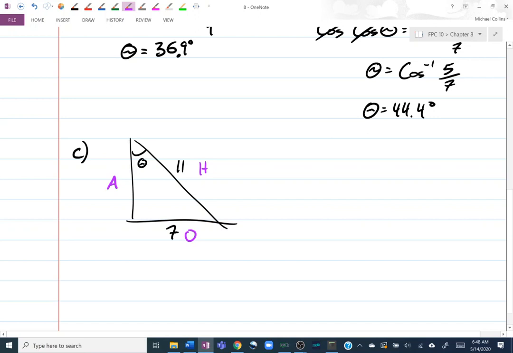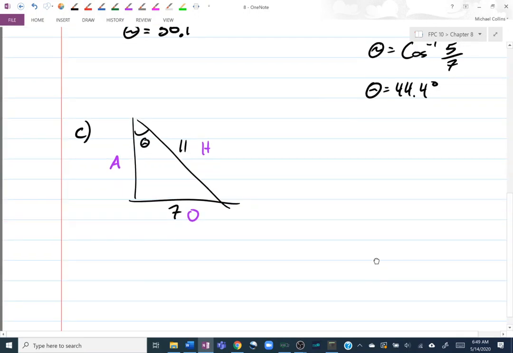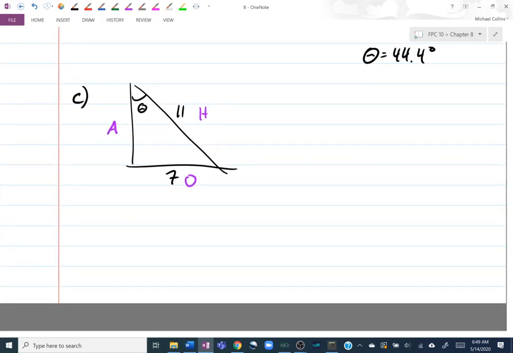If you have those written down on a piece of paper, you need to choose the ratio that has opposite and hypotenuse in it. Opposite and hypotenuse is sine. Substitute my known values in. In order to get rid of the sine, I'm going to have to take the inverse sine of both sides.